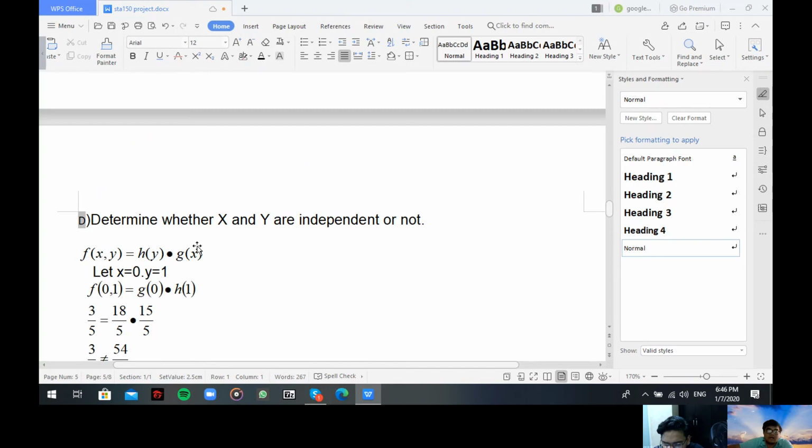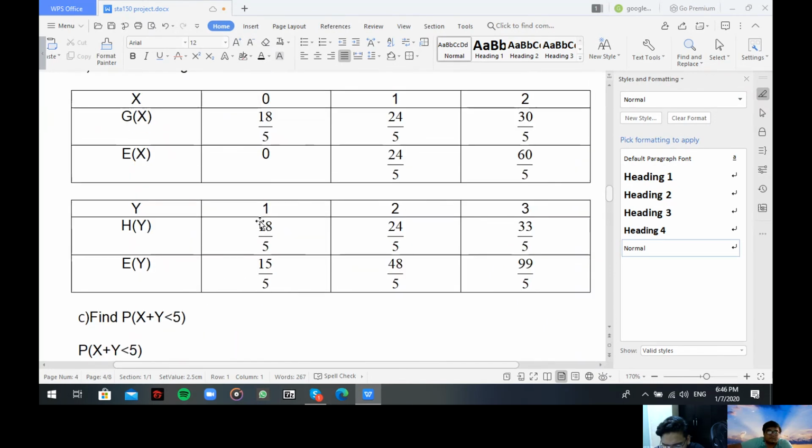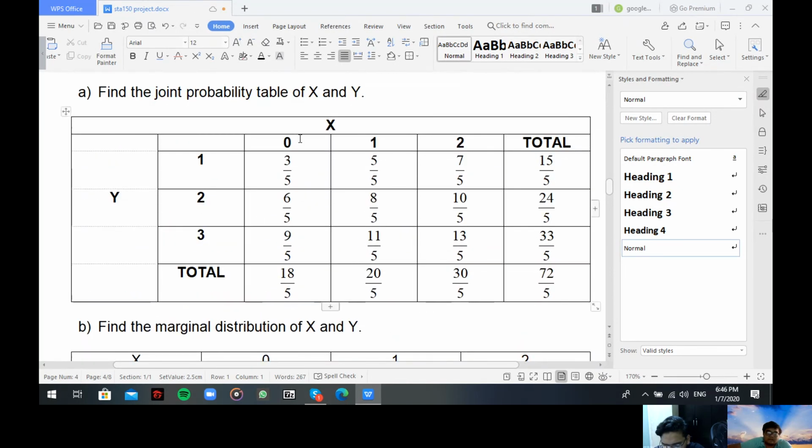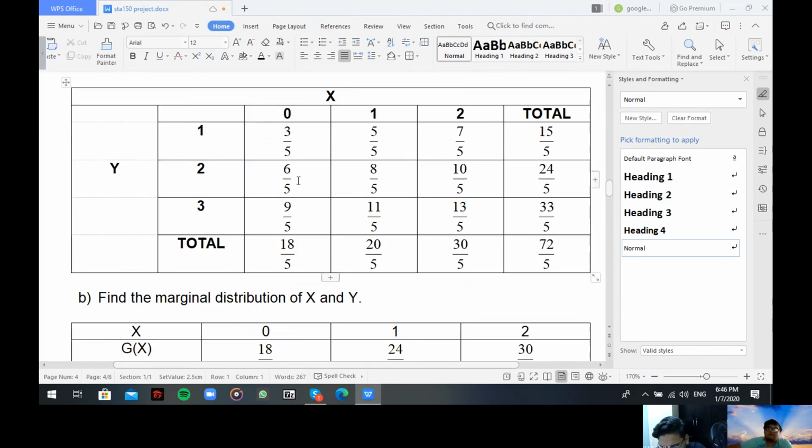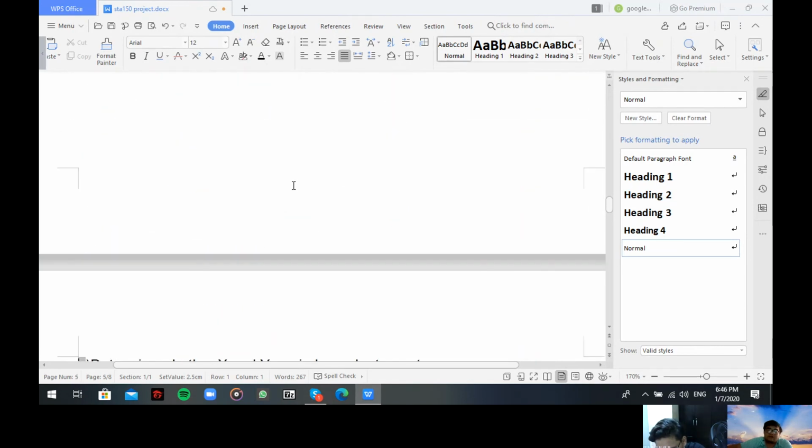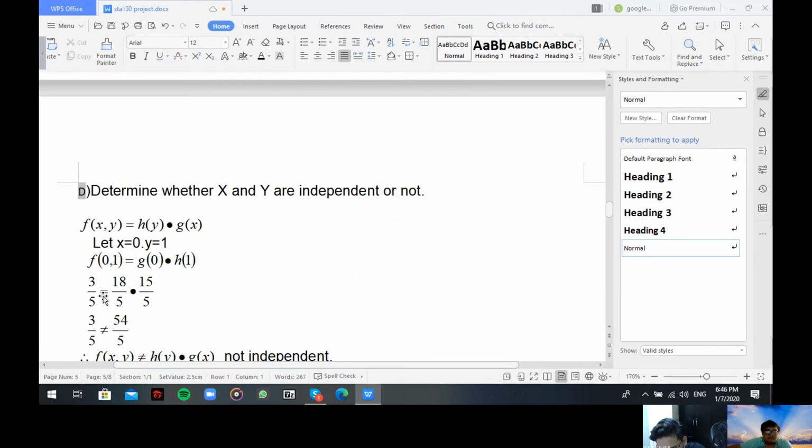So I will let x equal 0 and y equal 1. From here, x equals 0 and y equals 1, so f(x,y) is 3 over 5. So here I put 3 over 5.